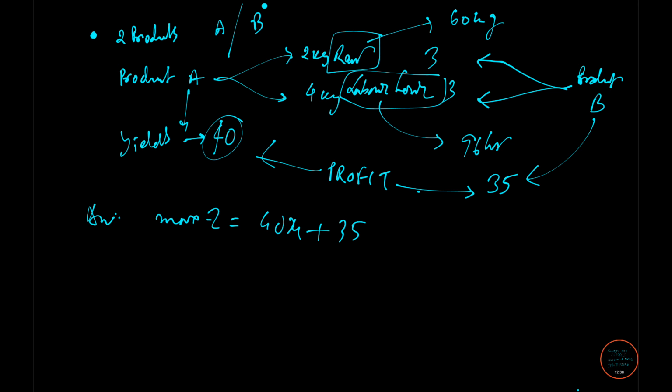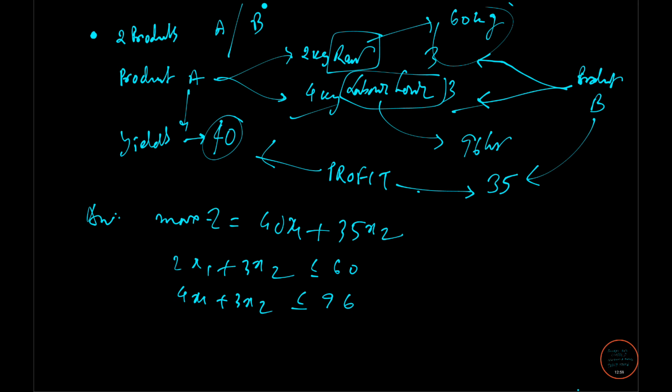With respect to availability, 2x1 plus 3x2 less than equal to 60 kg, and then 4x1 plus 3x2 less than equal to 96. That is our formulation, we can solve it and find the values.